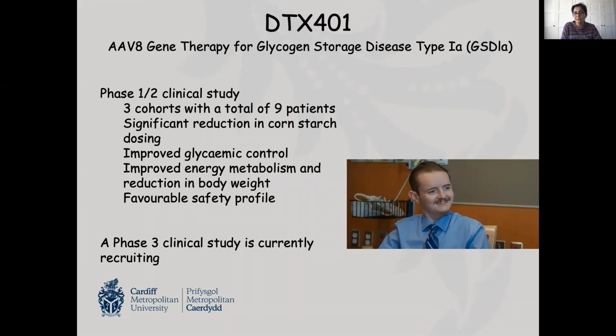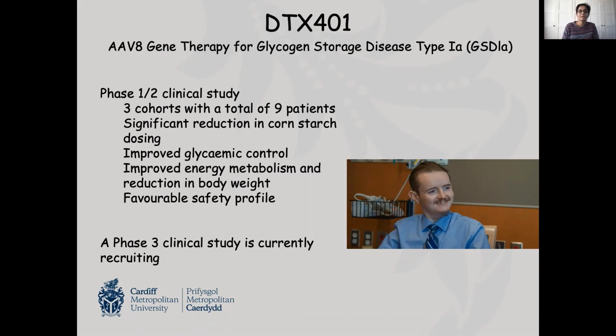Phase 1 and phase 2 trials are showing quite positive outcomes, where 9 patients were treated and all of them are showing improved glycemic control. Some of them haven't taken any cornstarch supplementation, or some of them have reduced it by about 70%.